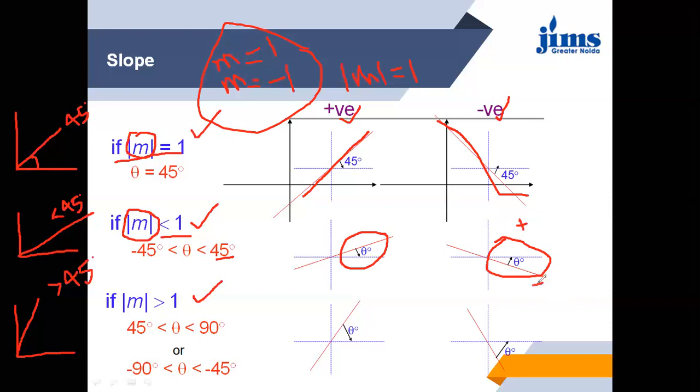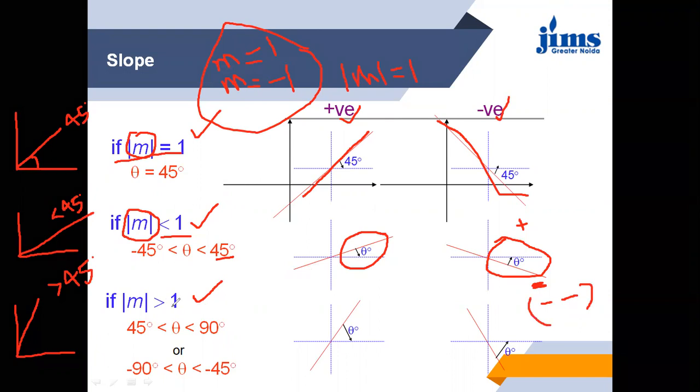In this, the coordinate system is totally negative, meaning the value of x is negative and the value of y is also negative.